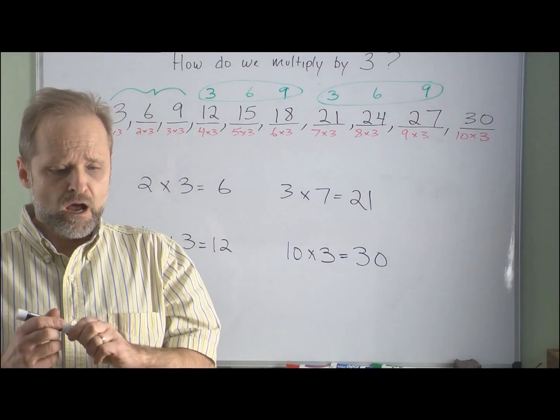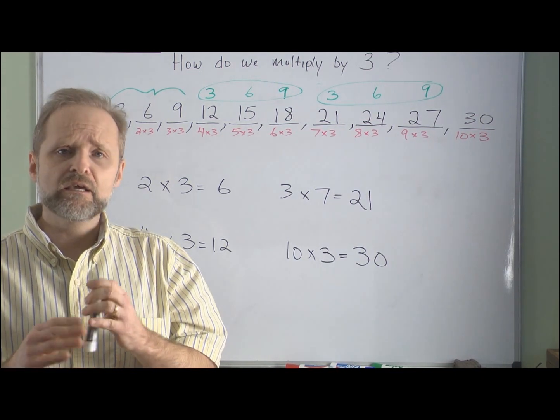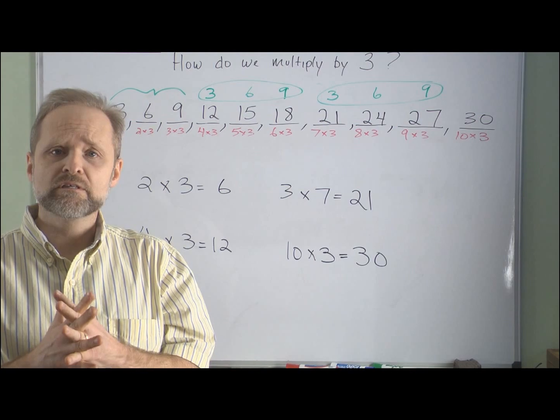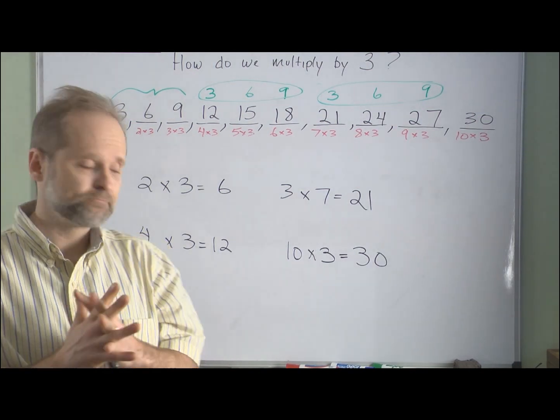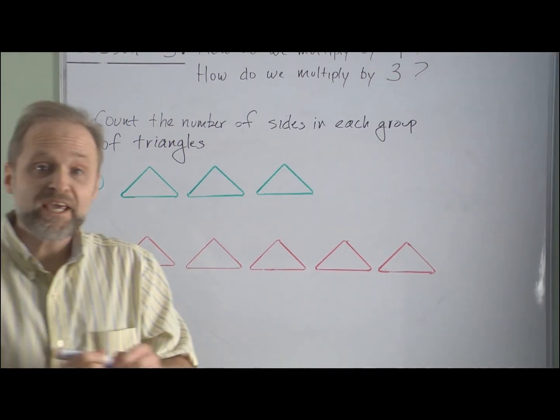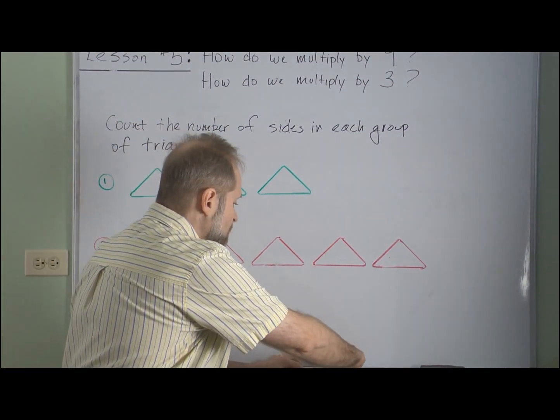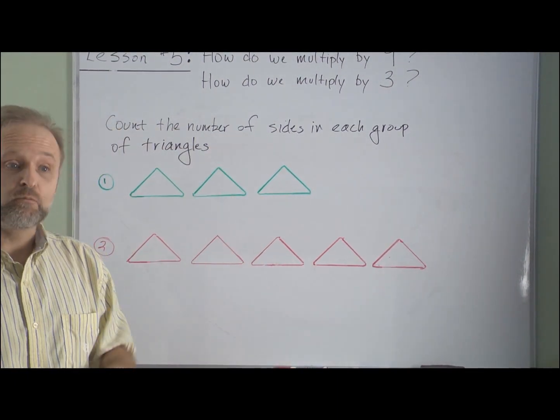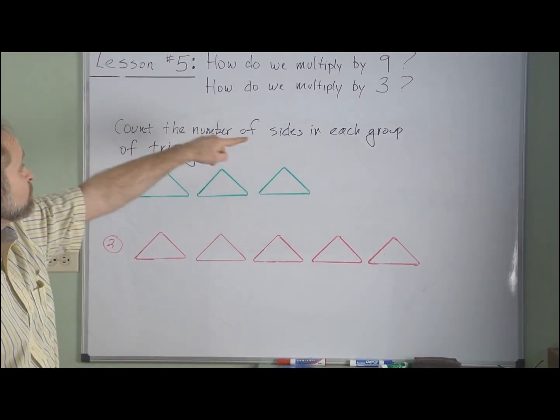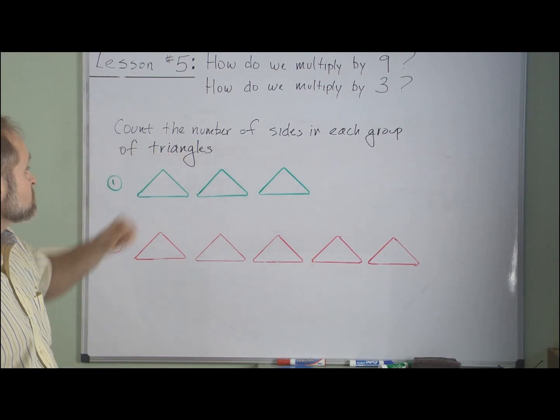All right, let's go ahead and take a moment and go through an application of skip counting by 3s. Okay, what I have here are groups of triangles. Because it's Christmas time, we went with the Christmas colors. What we want to do here is count the number of sides in each group of triangles.